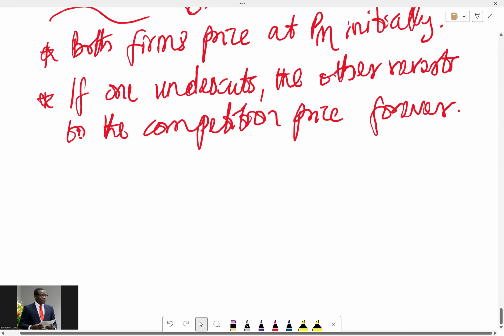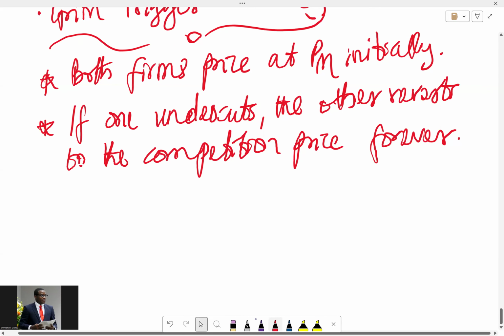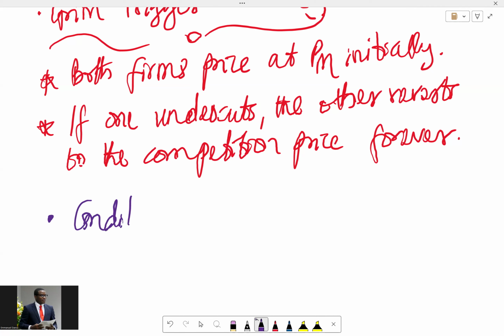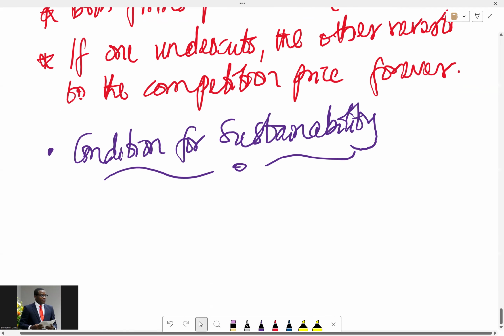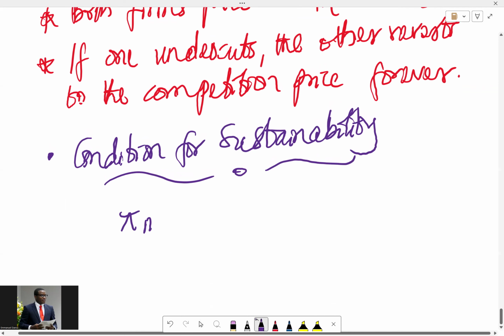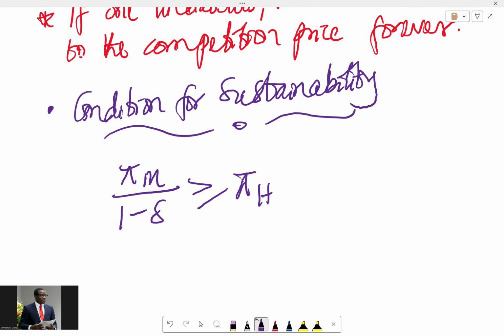Okay. So what is the condition for sustainability? That condition will simply be pi M over 1 minus delta, where delta is the discount factor, right? And this is greater than or equal to pi H plus 0 delta.